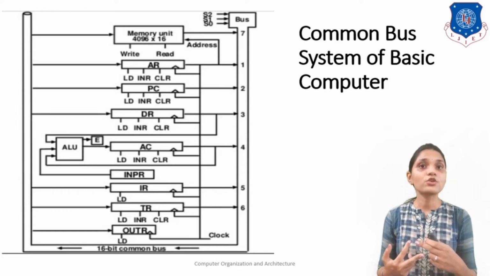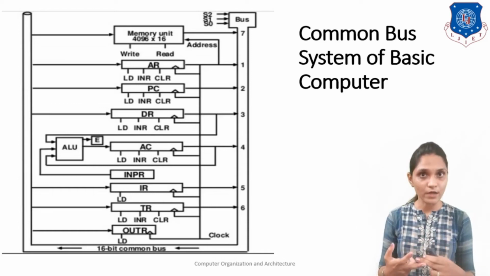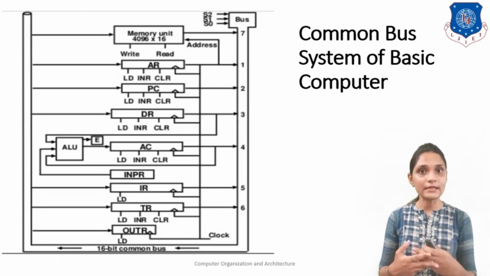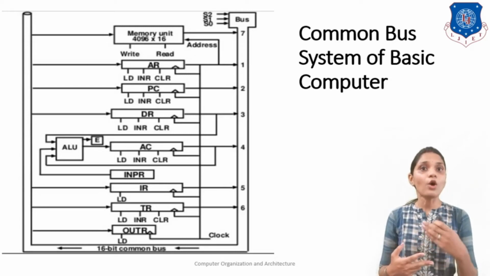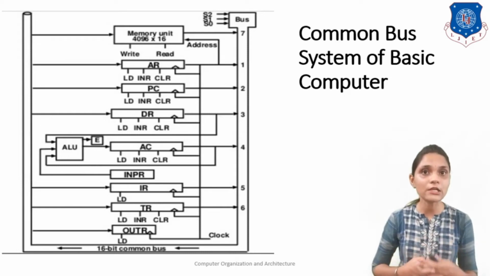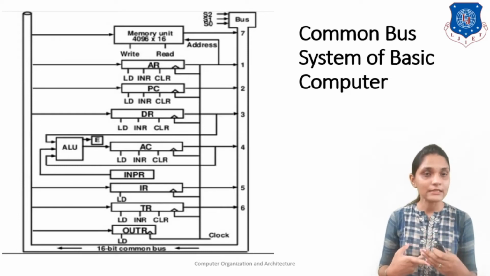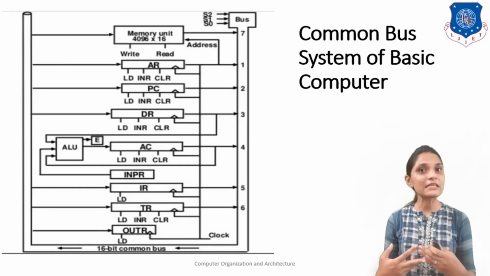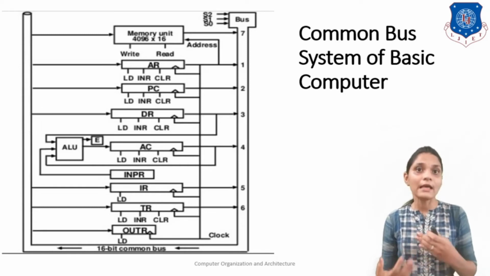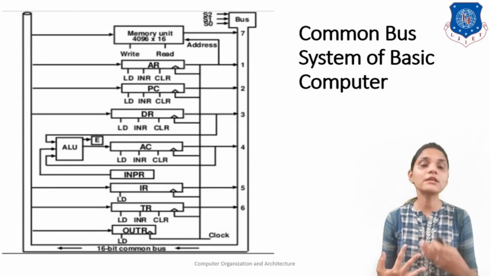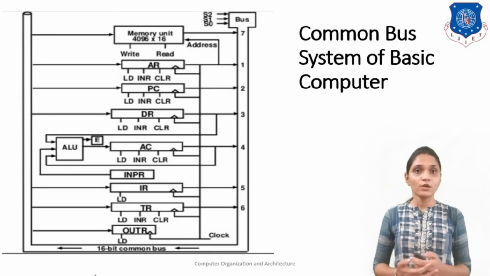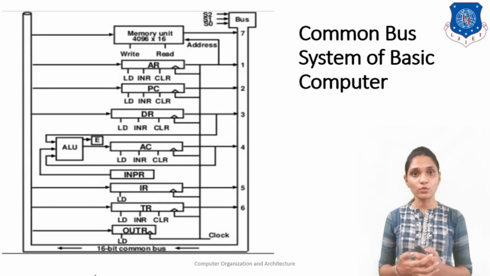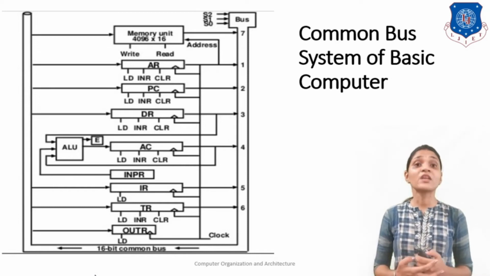The address register, program counter, data register and accumulator all have 3 controls: LD, to load data into that register, INR to increment the content of that register, and CLR to clear the content of that register. All of these registers are connected through the clock, so they will work on the clock.